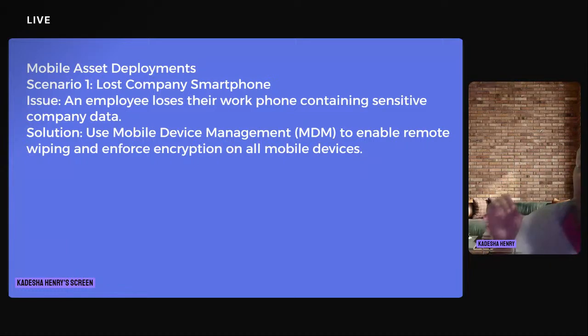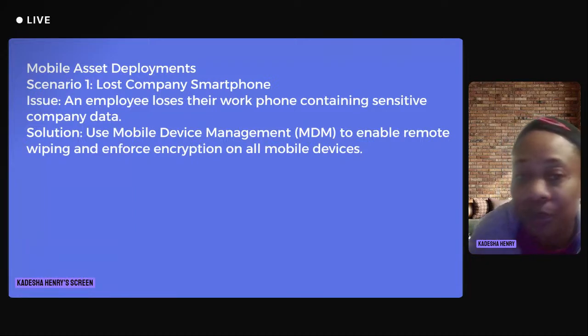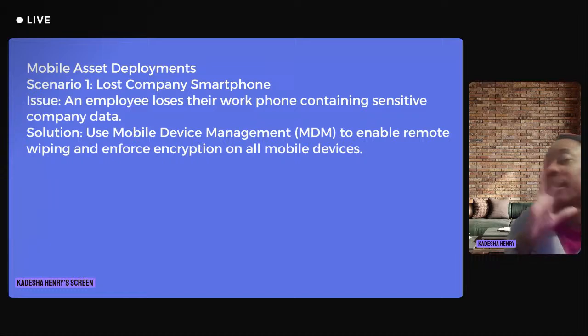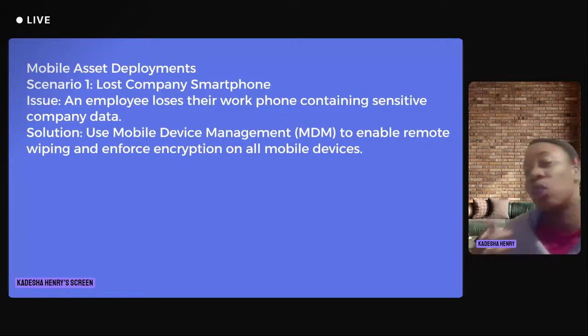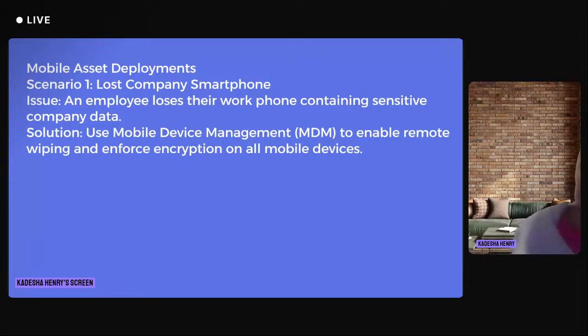So the MDM, it is there for a purpose. So we have to implement those. So it doesn't matter where that phone is lost. The person that finds it, if it is a malicious attacker, they can't do anything with the data because the data is encrypted at the highest level.